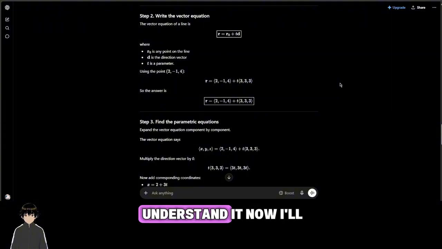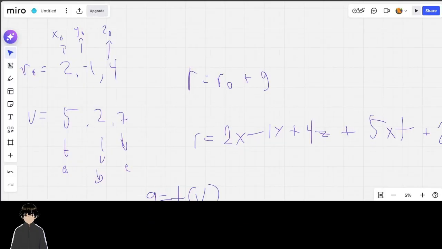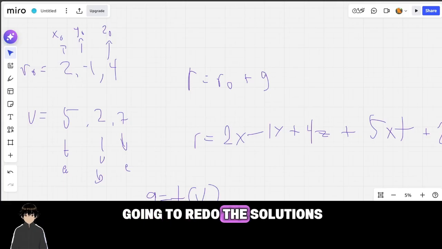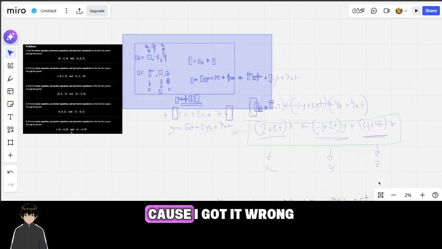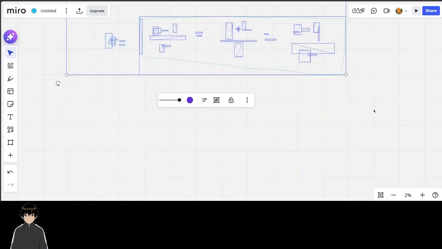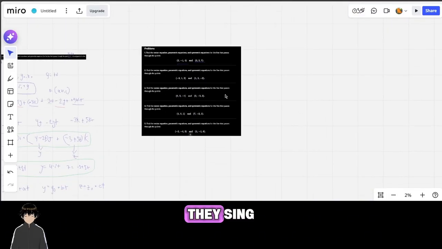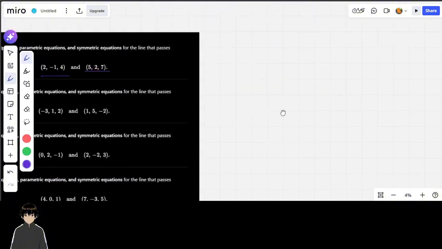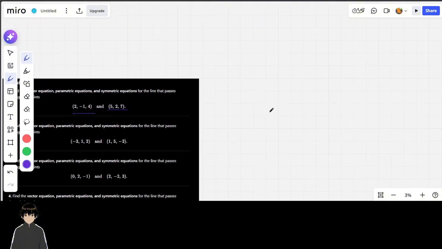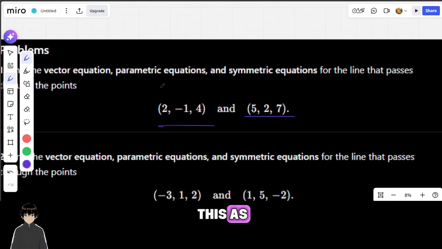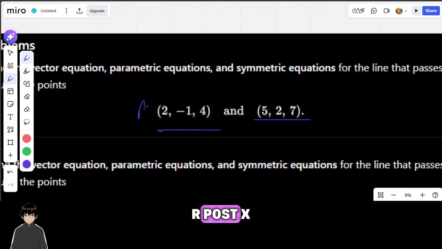Okay, I think I understand it now. I'll just do it again. Alright, so we're just going to redo the solutions because I got it wrong. So let's just denote this as R equals X naught, Y naught, Z naught.